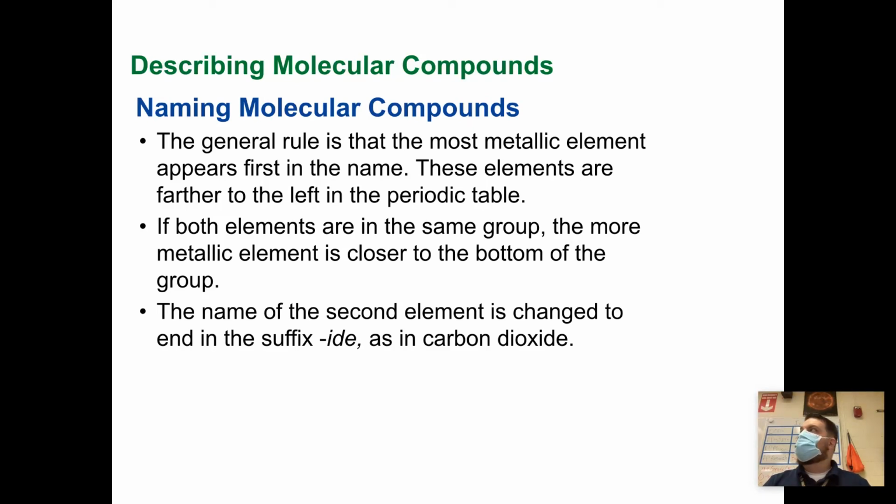The further it is to the left on the periodic table, those names are first. If both elements are in the same group, the more metallic element is closer to the bottom of the group. The name of the second element is changed to end in the suffix "ide," so carbon dioxide.